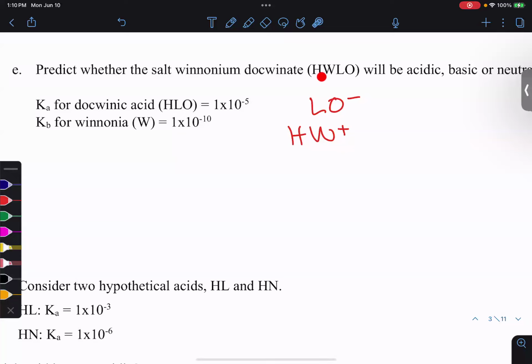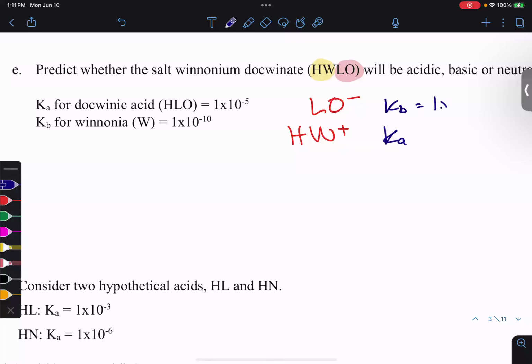I'm putting in as a salt the conjugate acid and the conjugate base. So I need to see whether LO minus is a better base than HW plus is an acid. So we don't want to compare this Ka to this Kb. I need to convert this Ka for docwinic acid because I'm putting its conjugate base into solution.